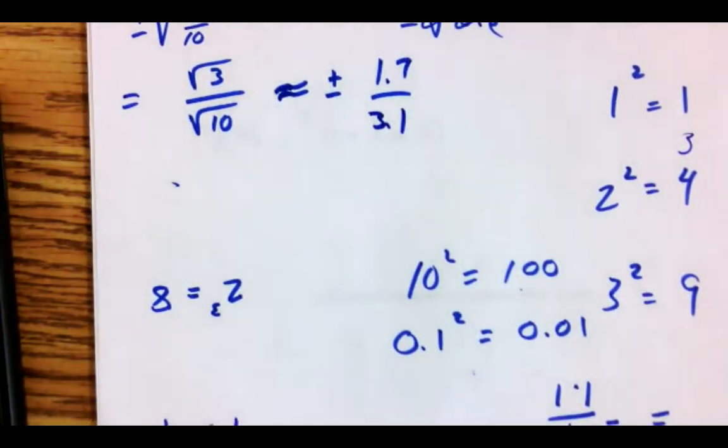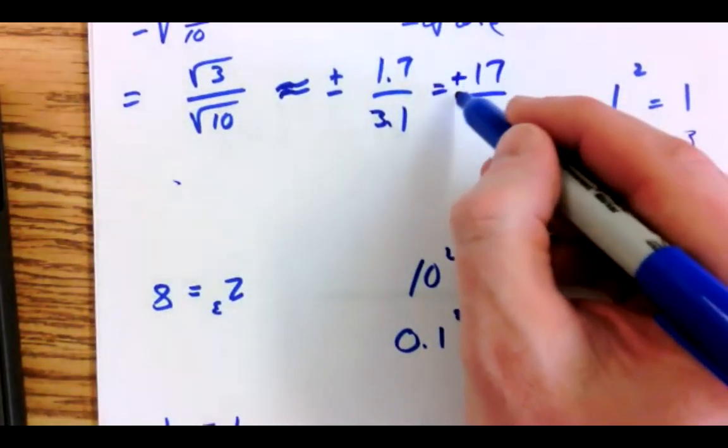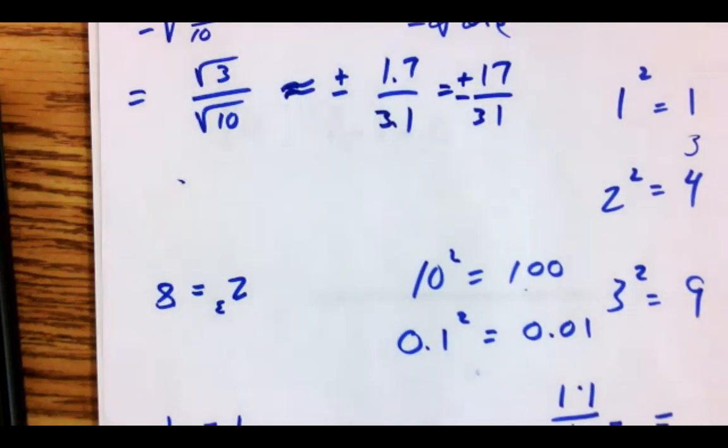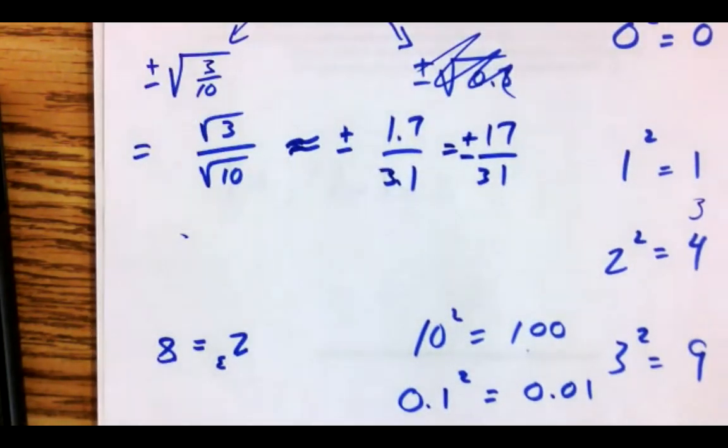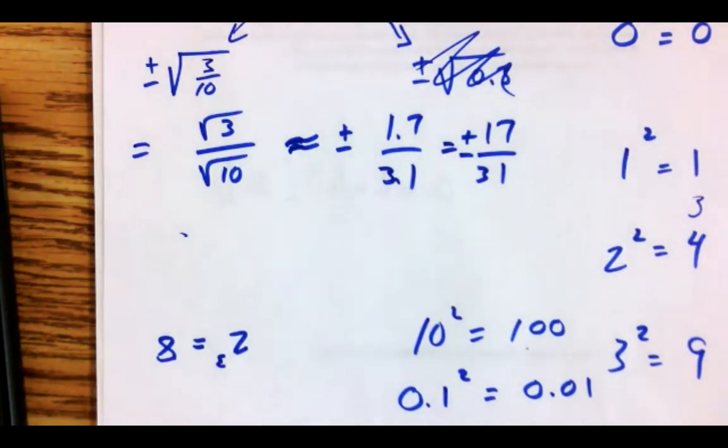If you don't like decimals, 17 over 31, plus or minus. How do you get 17 over 31? 1.7 over 3.1, I just multiply top and bottom by 10. Do you have to do that? Nope, just saying if you want to, you can change it.